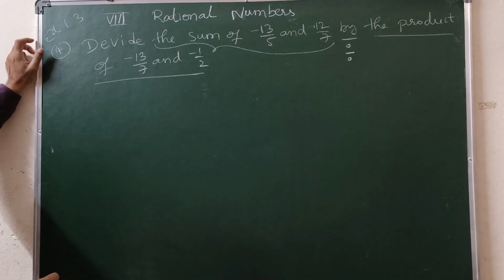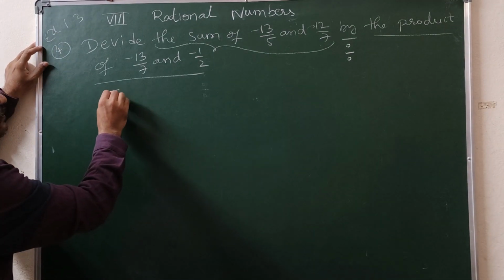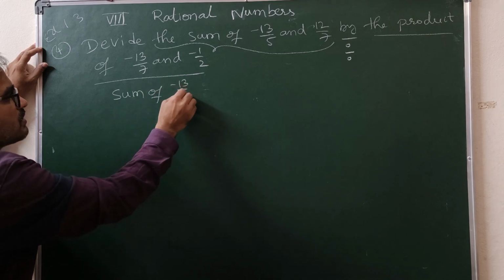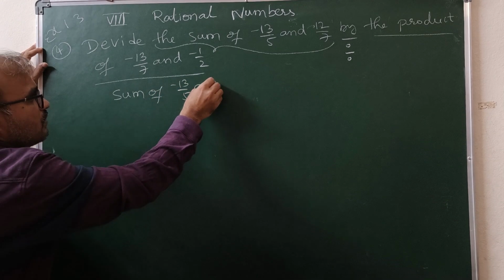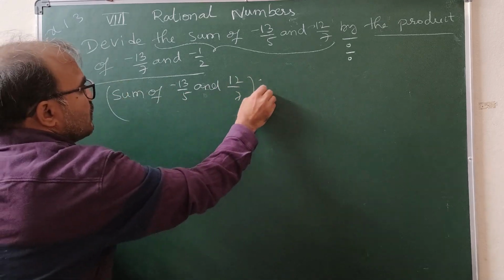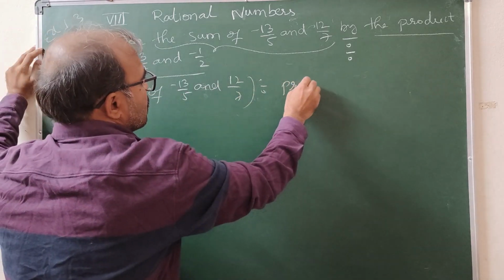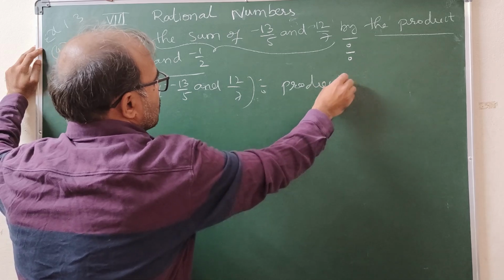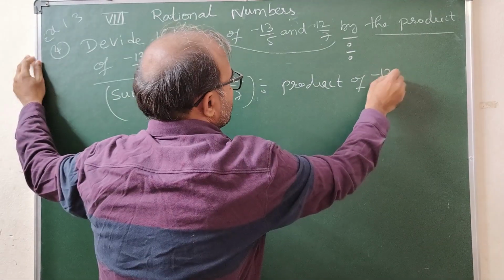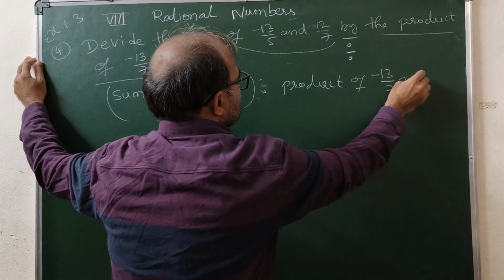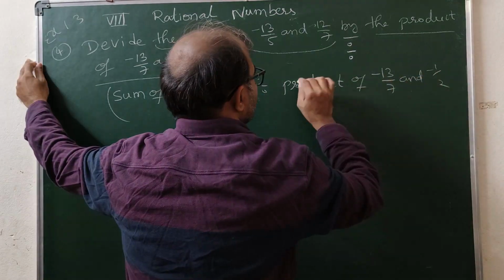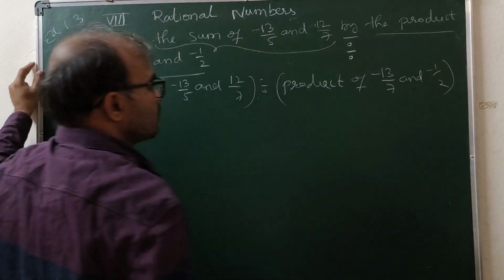So that is nothing but the sum of minus 13 by 5 and 12 by 7 divided by the product of minus 13 by 7 and minus half. This is our problem.